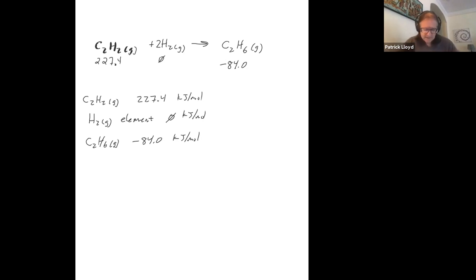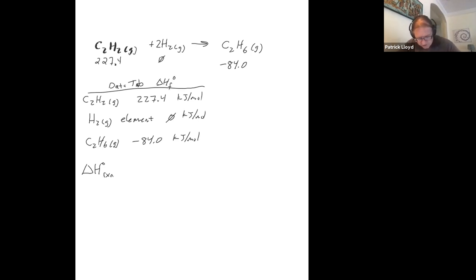Okay. So I'm looking these up. These are in the data tab. Okay. You look them up. Now, here's what you do. You use this formula right here. Okay, so these are all what we call delta H of formation under standard condition values.